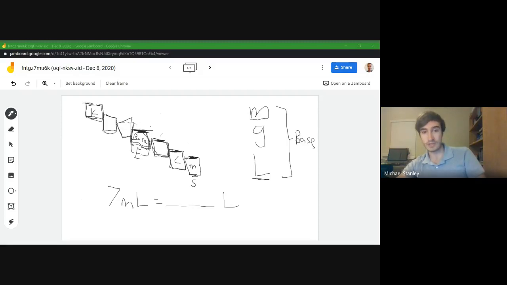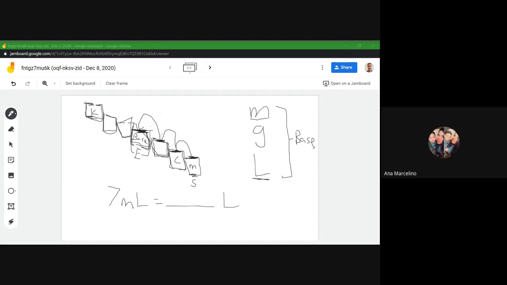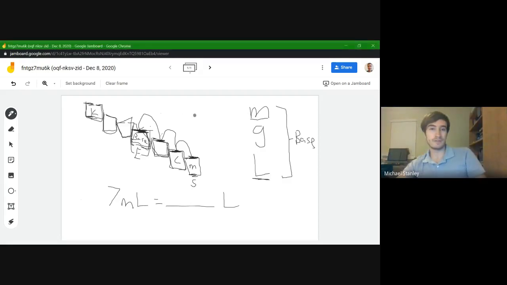Yes, Annette. Sorry, I just saw that. Good. Annette is correct. It's going to be 3 steps. 1, 2, 3 to go from milliliter to liter. From down here back to our base. 1, 2, 3 steps. So are these 3 steps to the right or 3 steps to the left? To the left, exactly. We went from down here to over here, so that's going to the left.